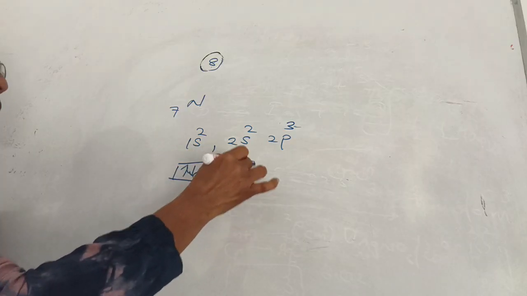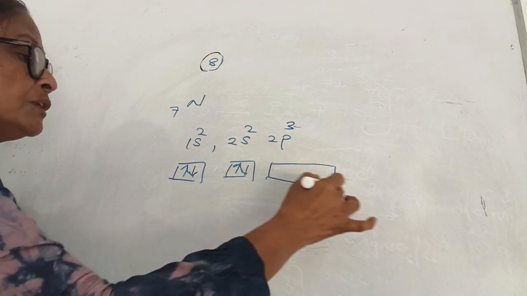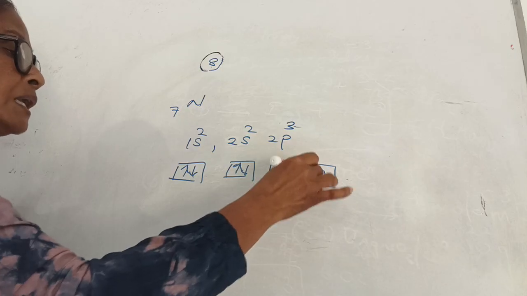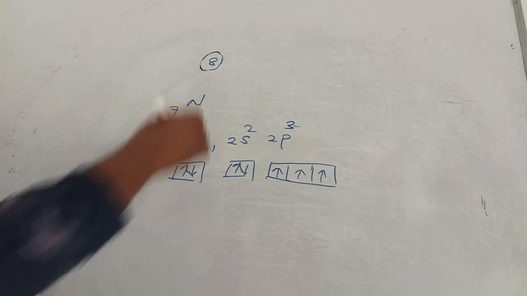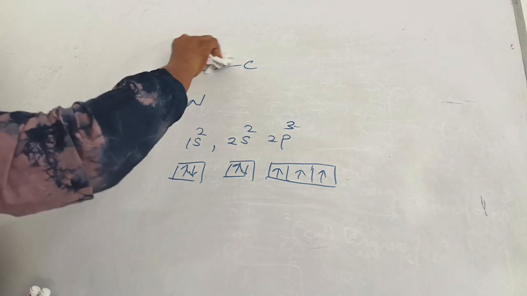In 2p3, each electron is present in its own orbital, giving the most stable arrangement, so the best answer is C. Question number 8, the best answer is C.